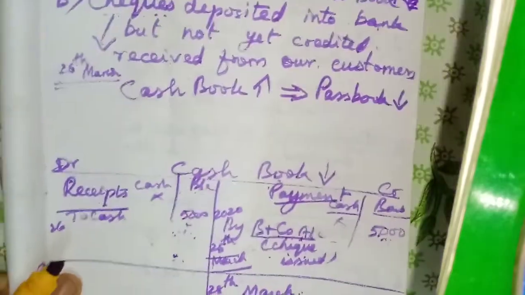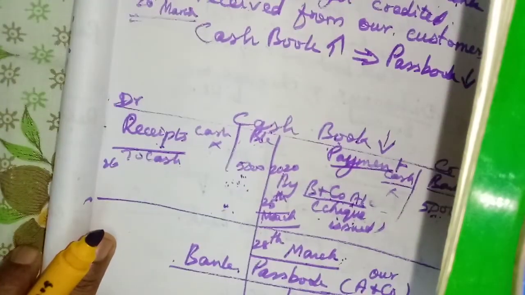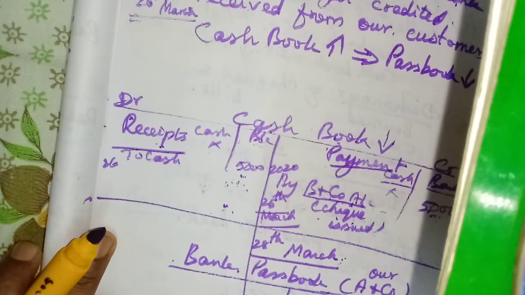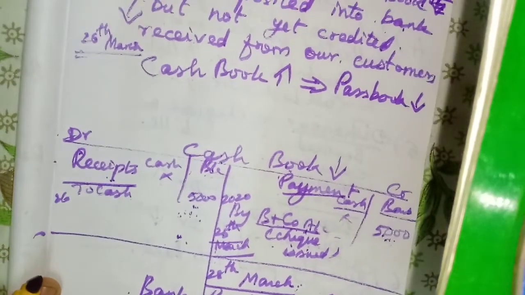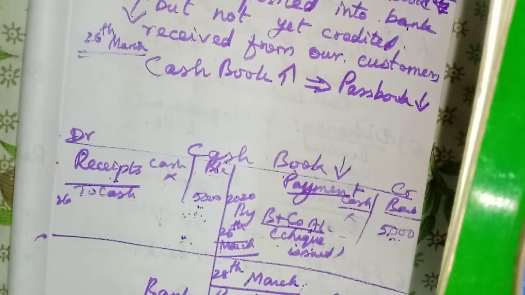In the same way, check deposited. Okay, everything just opposite, we have to deduct. So in the same way, you have to remember the cash book in order to do this bank reconciliation statement correctly. Okay, students, so we have any question answers?